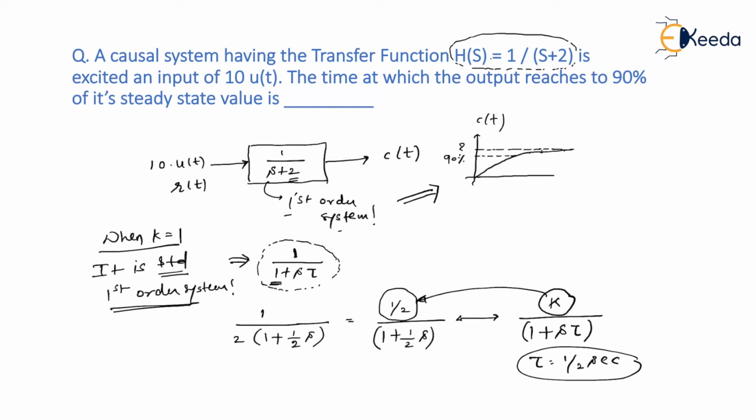So as I said, what happens when it is other than 1? Let us discuss this. Let us assume it is of the form 1 upon 1 plus s tau. As you can see in the numerator, I am writing 1 deliberately because I believe that here k equals 1, and the input that we have given is 10 times u of t. I'm sure you know how it looks.